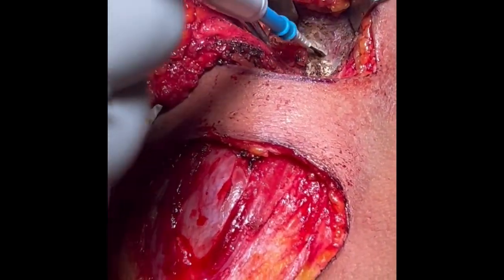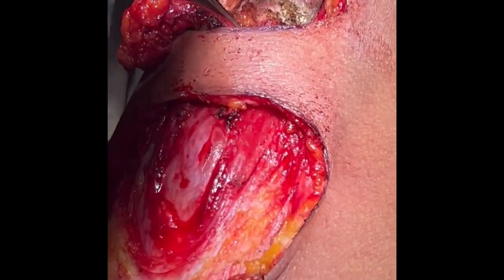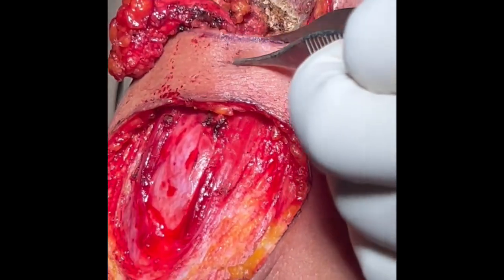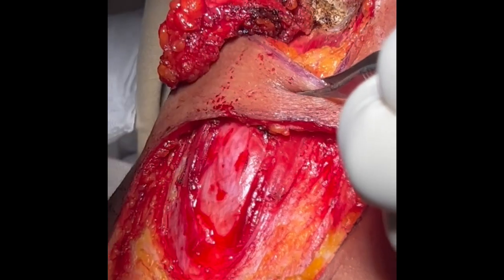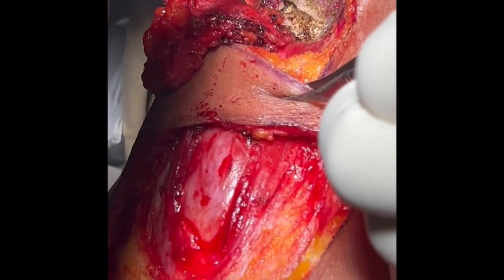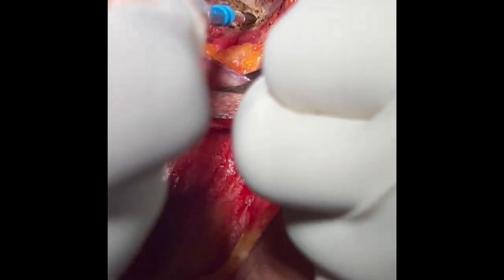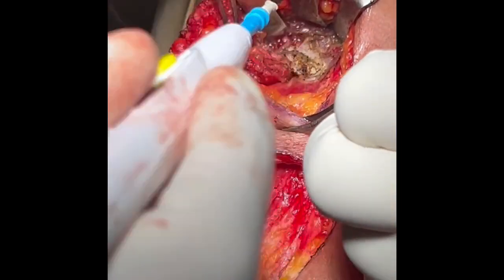You have to dissect first superiorly so that you can make the superior border of the hyoid bone. Then you have to dissect laterally till the lesser cornu, and after dissecting both sides you can put the periosteal elevator for making posterior space on both sides of the hyoid bone.